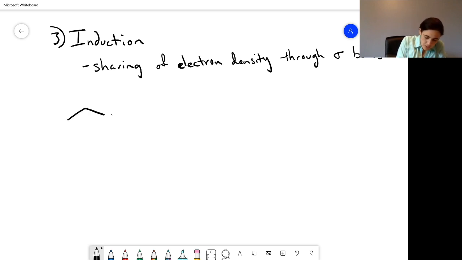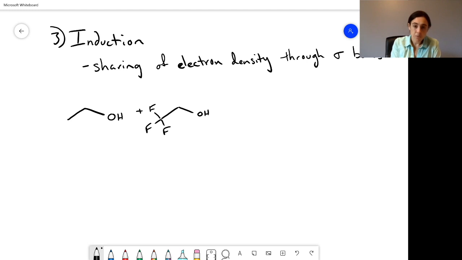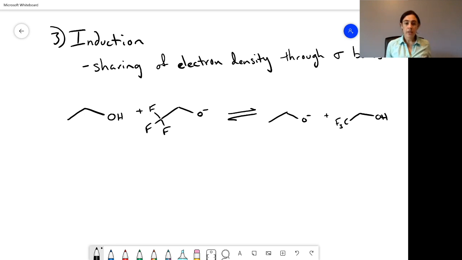So if we have two alcohols, and one of them contains a trifluoromethyl group, we're again going to ask the same question we've asked in the previous examples.